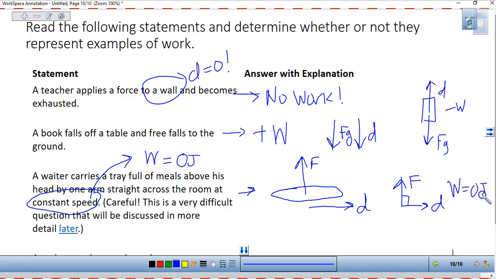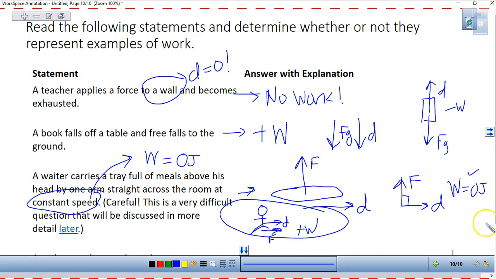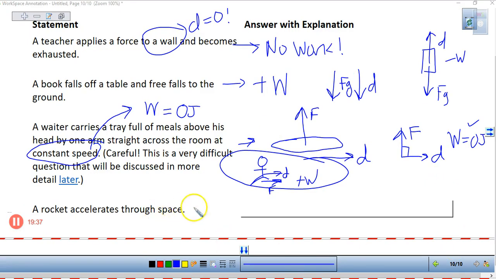If you go into great detail and say, well, the person itself is pushing forward with their feet and they're moving forward, I would say positive work for that. But you have to consider the whole person, not just the tray. If you explained this carefully, I would have accepted it, because that's right. But this is the correct reasoning for that. So constant speed and the direction of the force and displacement. The last one, accelerating rocket in space.